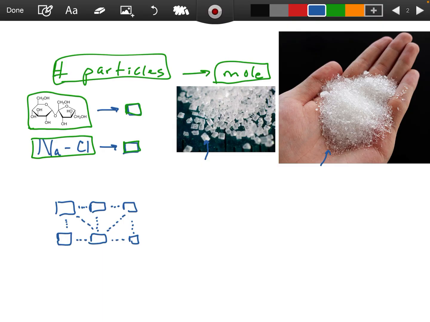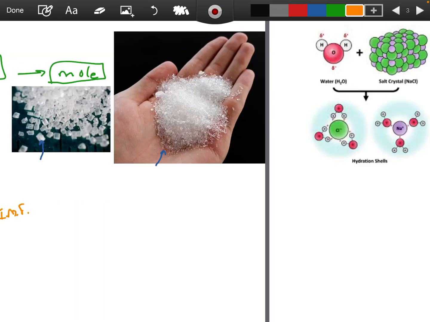And because it's in the solid phase, they're not moving around too much. They're vibrating, but they're not moving and flowing like a liquid. And you have these things here which keep them in a solid structure. These are called intermolecular forces. We're not going to deal with those right now. We'll deal with them later. But it's simply some type of force between molecules, and it keeps them in a solid crystal structure.